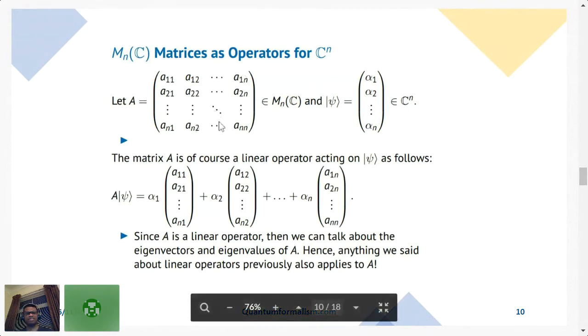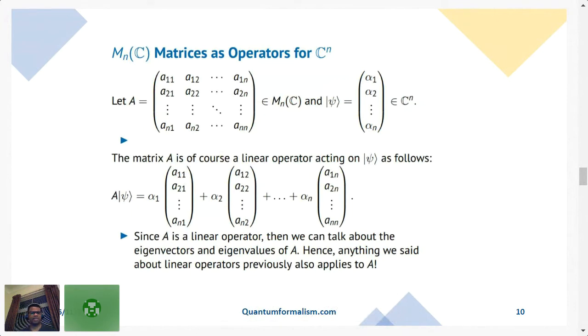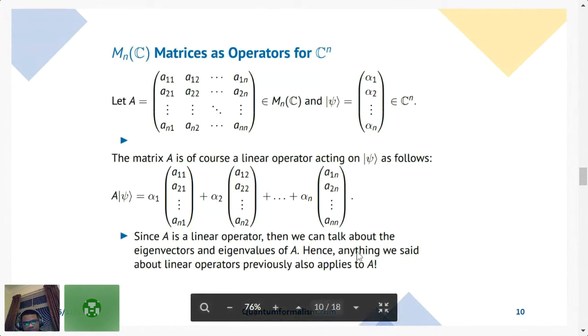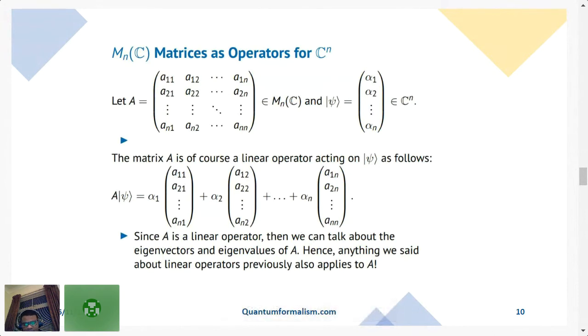But I believe it's in the textbook, so you can look at it: how do you get from an abstract operator to a concrete matrix representation? It doesn't really matter, because we can just start working with the matrices anyway. But if you have any issues, just ping me on GitHub.